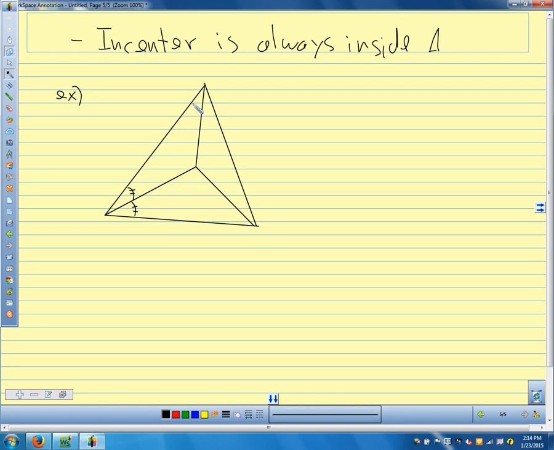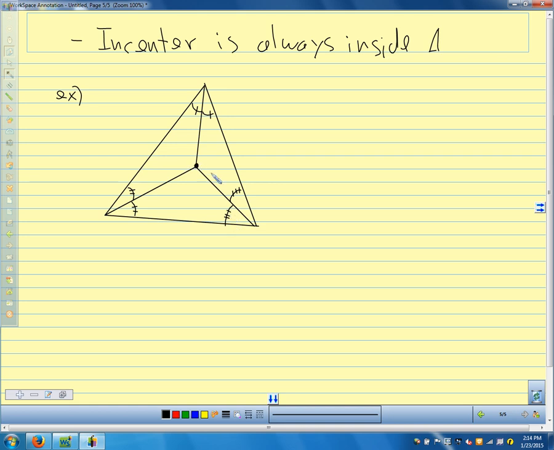Yes? You'll be given lines or some way to figure out something, you'll have information that has those on there. All right.